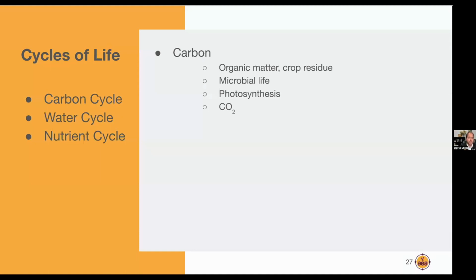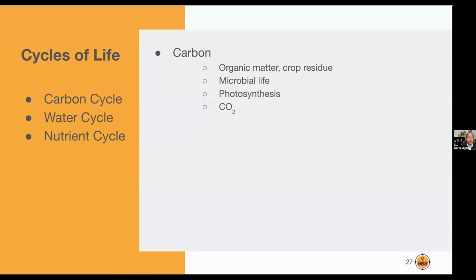If we have plants growing there that are photosynthesizing, and the more efficiently they are photosynthesizing, the more of that CO2 that's released can be captured by the plant, converted into glucose, or again, carbohydrates, a more simple carbon, and put back down into the soil. And so you see how the cycle works.